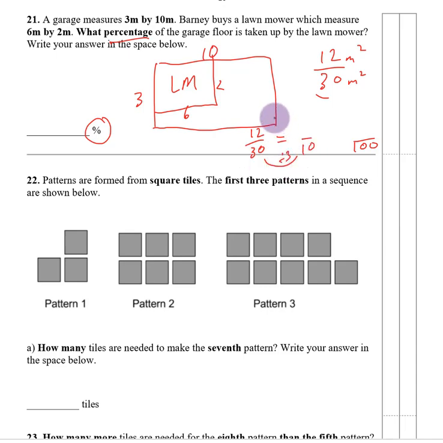And if I divide the bottom by 3, it means I need to divide the top by 3. So 12 divided by 3 is 4. A lot of you should know that 4/10 is 40%. If you don't, then we would times by 10 to get from 10 to 100, and then times by 10 to get from 4 to 40, which would be 40%. So the answer there would be 40%.